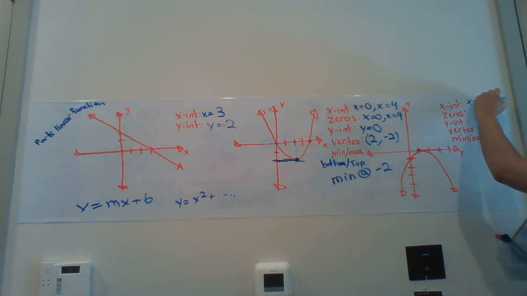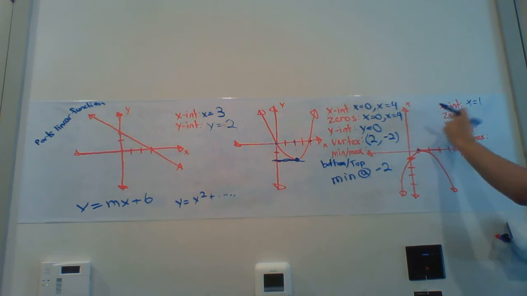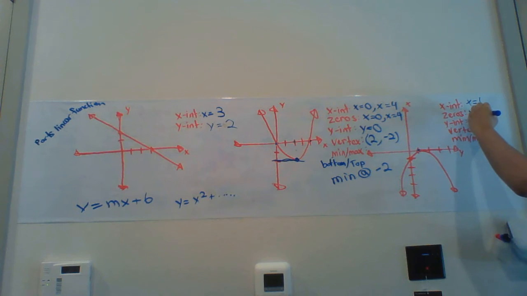Technically, you do have 2 x-intercepts, x equals 1, x equals 1. But for the purposes of Algebra 1, you should be fine with just x equals 1, and it's repeated. And the zeros are the same as the x-intercept, so it should be x equals 1.